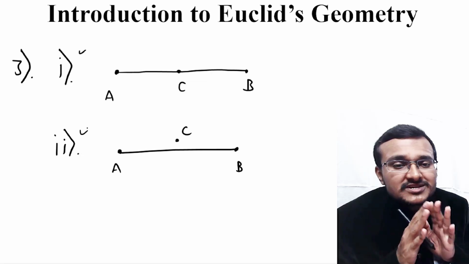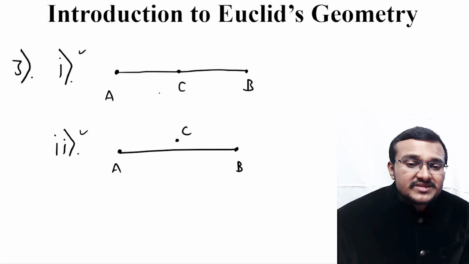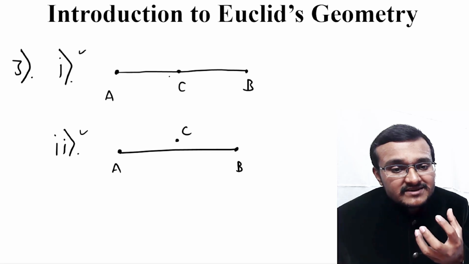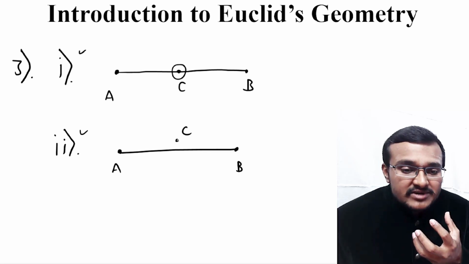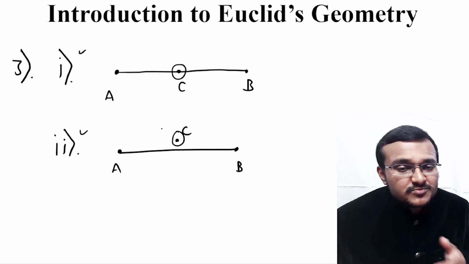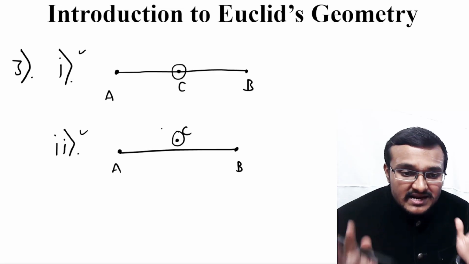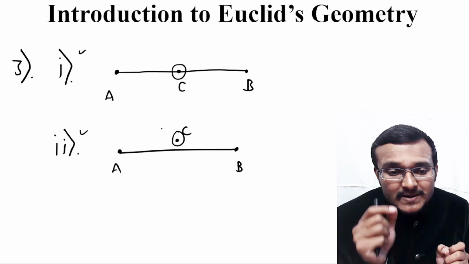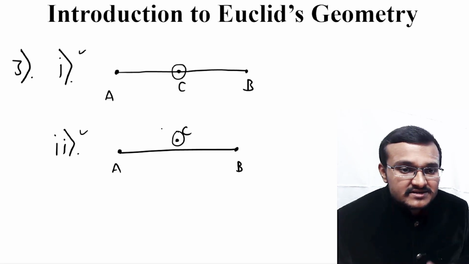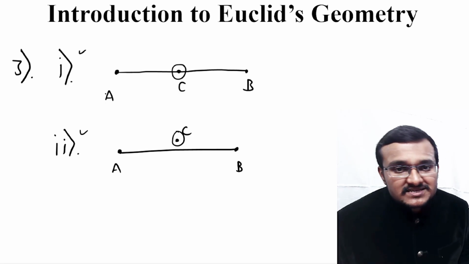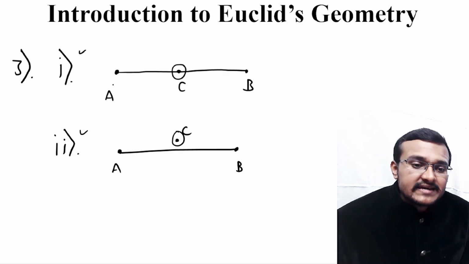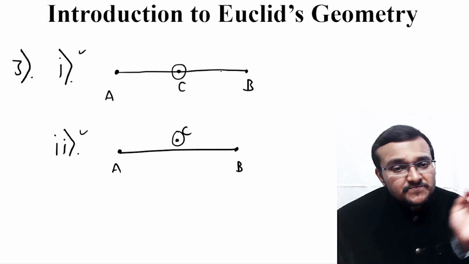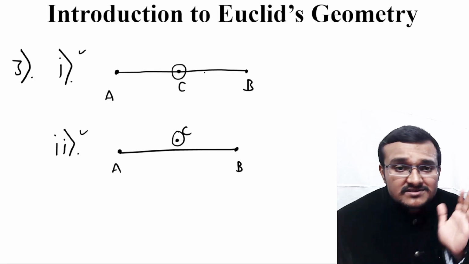So these two postulates are consistent, but this is not very clear. They have not clearly said whether C is lying on AB or outside the AB line. So there are many undefined terms in these two postulates, but they are consistent, because according to the axioms, A and B are two different points and C is exactly in between A and B, so C can lie on the straight line.